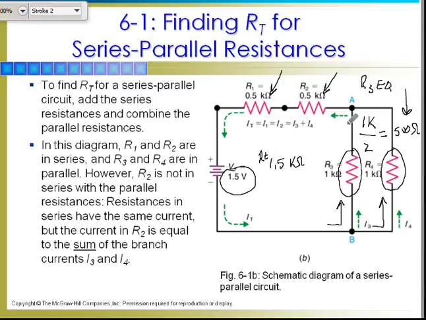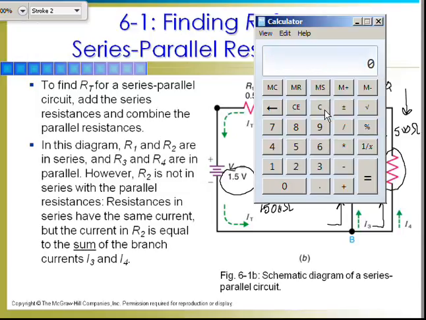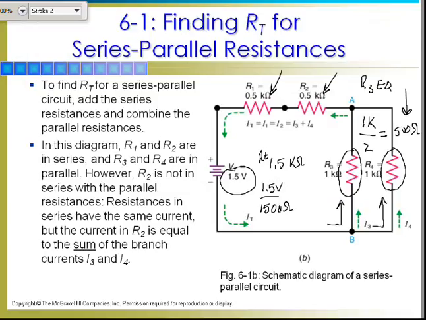So my total current for this circuit is going to be 1.5 volts over 1.5 k ohms, or 1.5 volts over 1500 ohms. And I'm doing this like I wouldn't know the answer. So I'm going to end up with 1 milliamp.